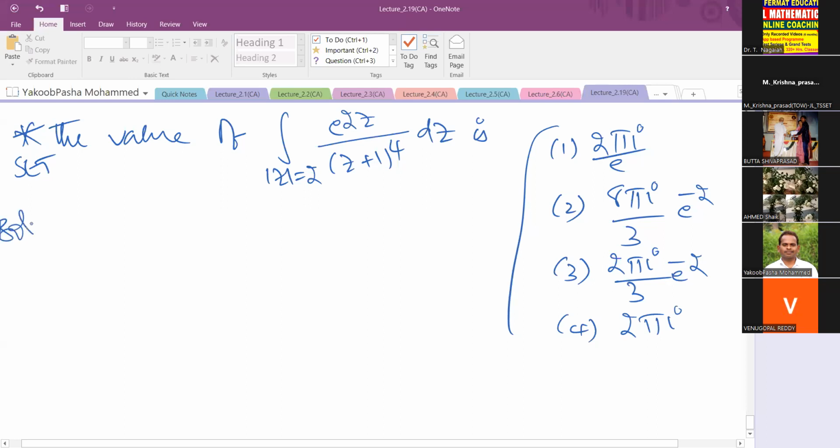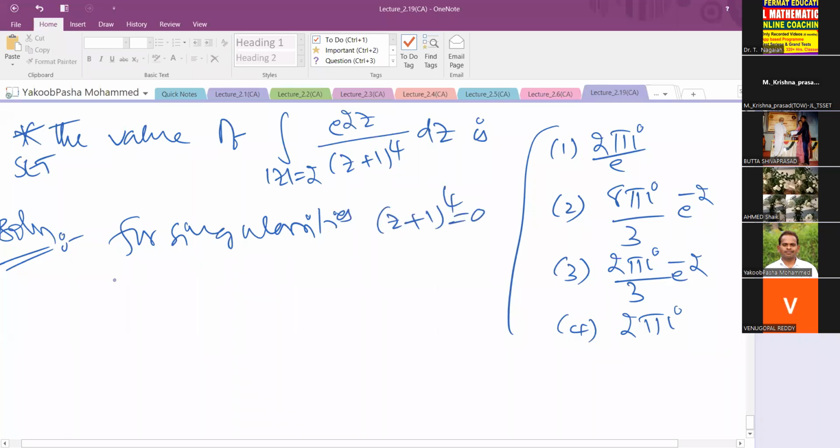First, singularities. Okay. No need to write every time, you just have to equate the denominator to 0. Then z plus 1 whole to the power of 4 is equal to 0. Clearly, we can observe z is equal to minus 1 is a pole of order m is equal to 4.